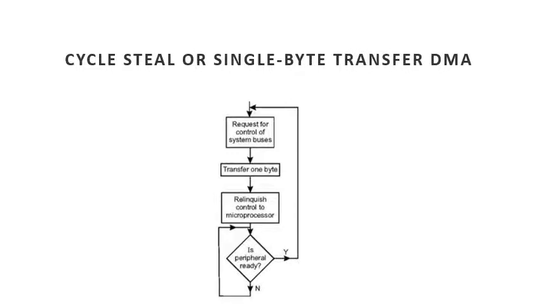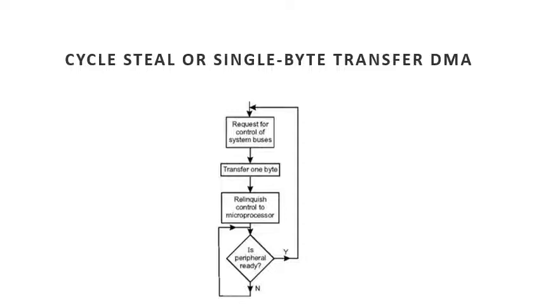Next, cycle stealing or single byte transfer DMA. In this mode, only a single byte is transferred at a time. Thus, this is much slower than burst DMA. In cycle steal DMA, the DMA controller sends a hold signal to the microprocessor. It then waits for the hold acknowledge signal in return.